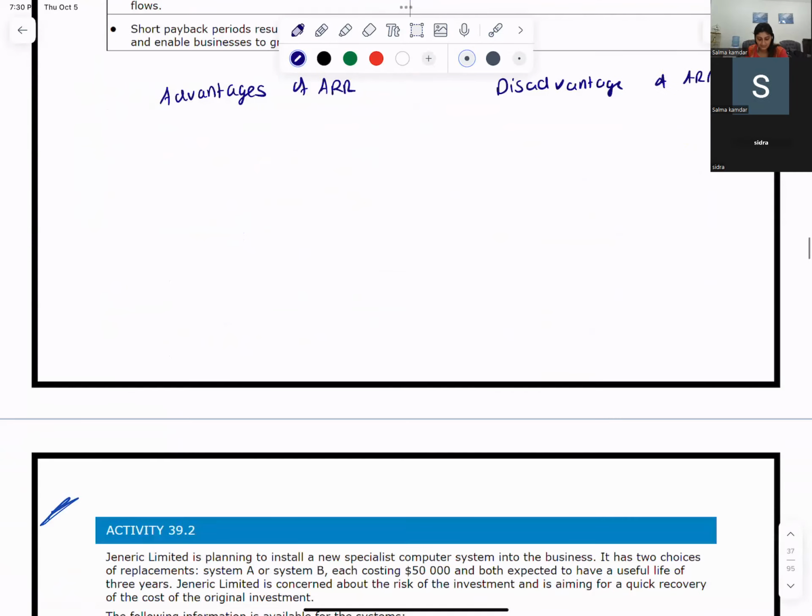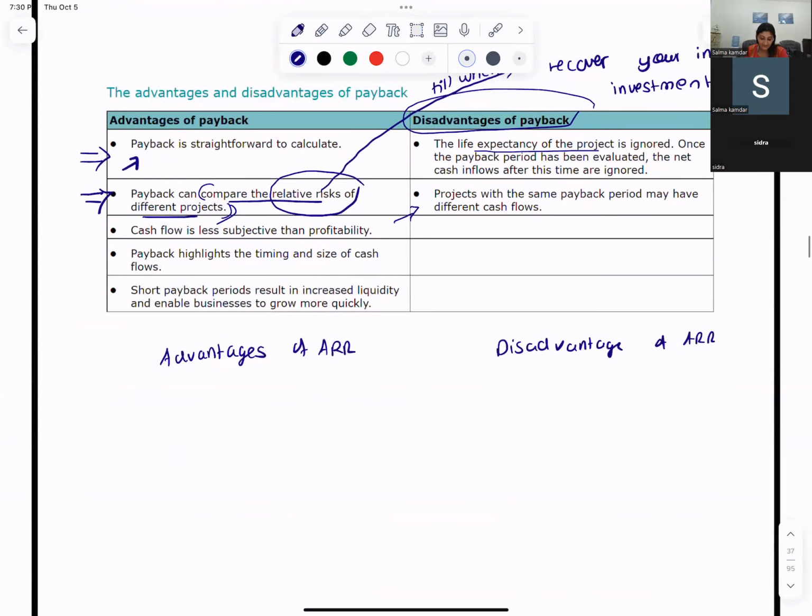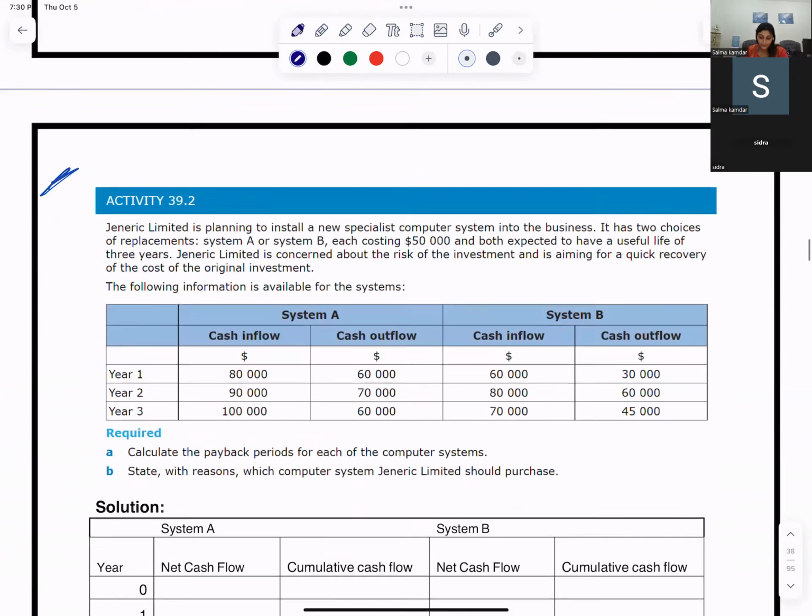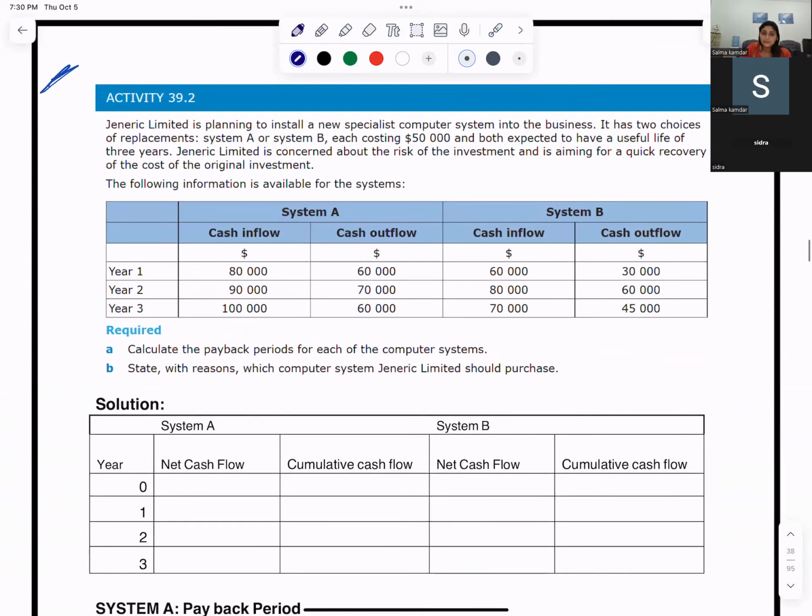So now you have activity 39.2. I want you to do this activity.